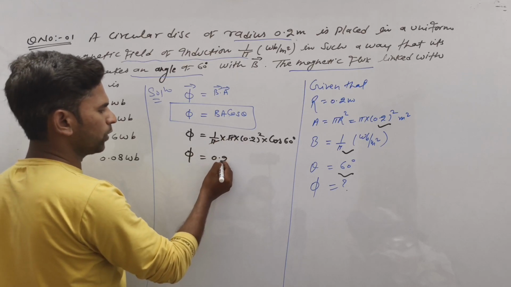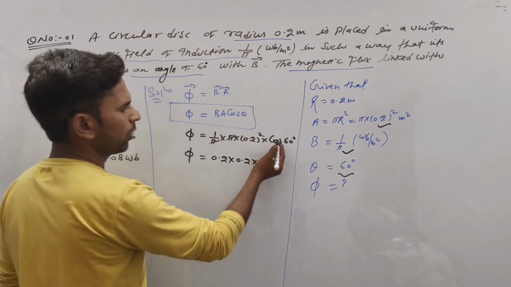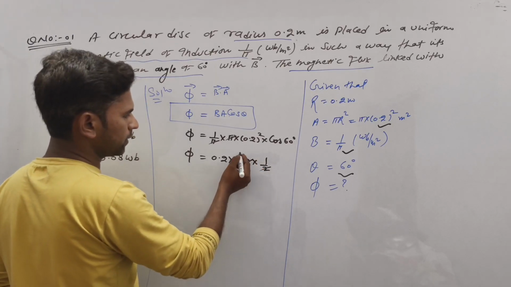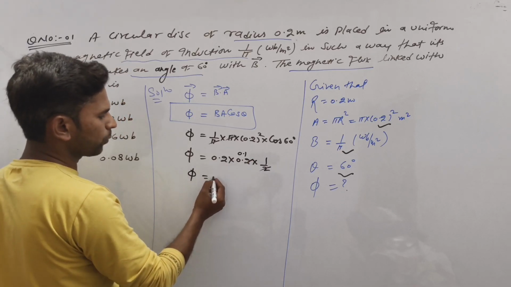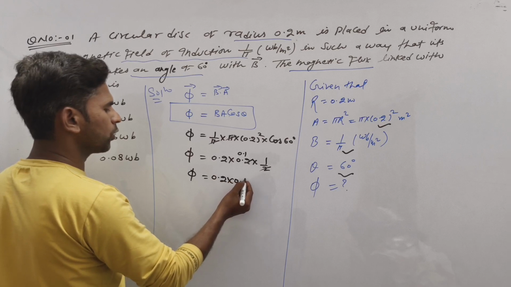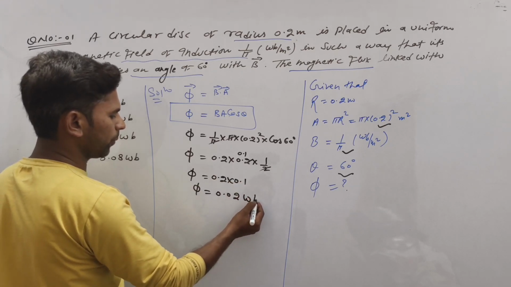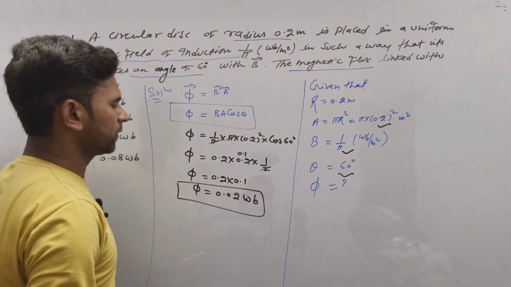You can write 0.2 multiplied by 0.2 because of the square. Cos 60 has the value 1/2. Now you can cut 0.1 with 1, which is 1. Now multiply: phi is equal to 0.2 multiplied by 0.1. So phi will be equal to 0.02 Weber. This is the final answer of this problem.